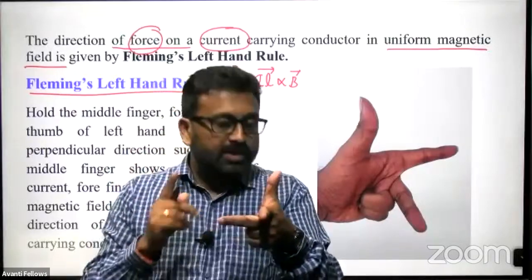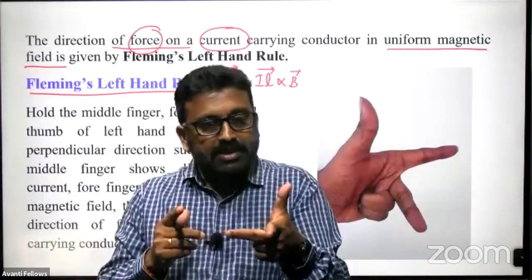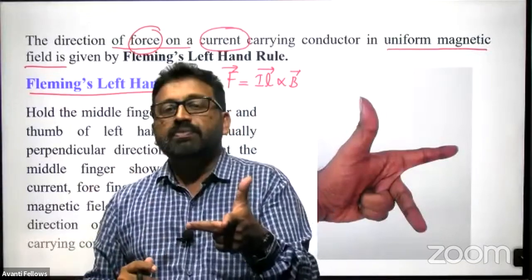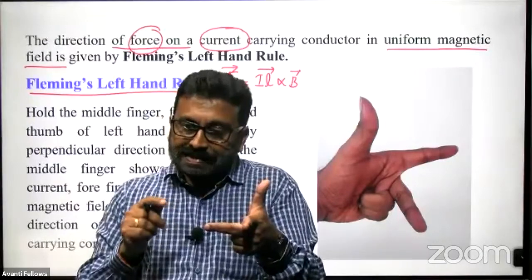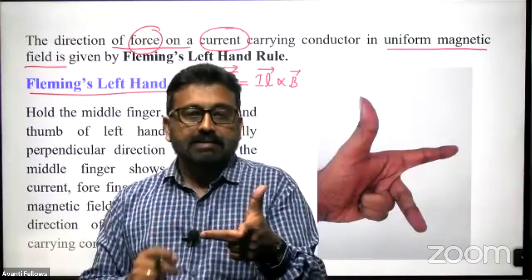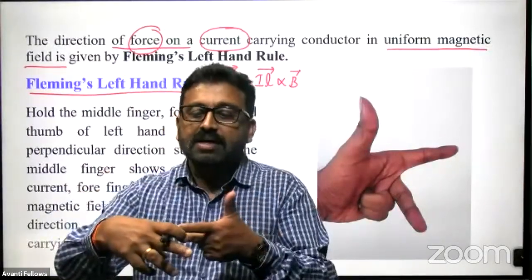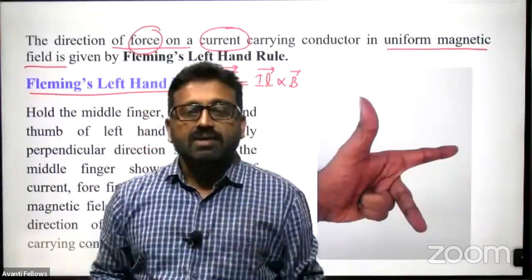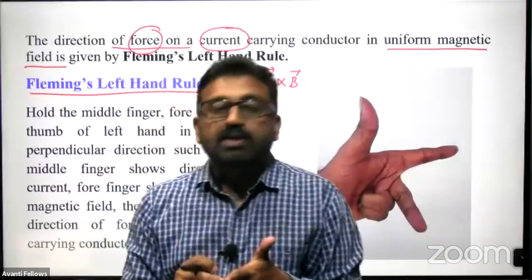Direction of current means in which direction the current is flowing. Current always takes the direction of the carrier. So if you keep a carrier like this, the current will flow like this only. If you keep the carrier upward, it will flow like that only.